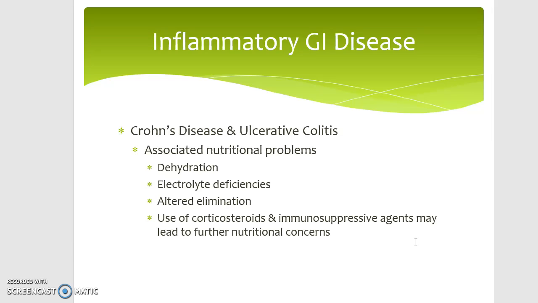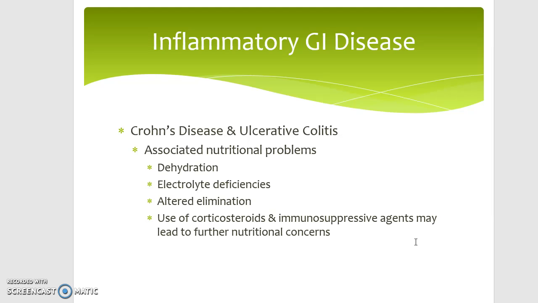Inflammatory GI disease, which we're going to talk about, Crohn's disease and ulcerative colitis. Crohn's disease is a group of chronic immune disorders with an unclear etiology. There are multiple factors that affect it, such as environmental factors, immunologic factors, infectious agents, genetic susceptibility, and different gut bacteria.